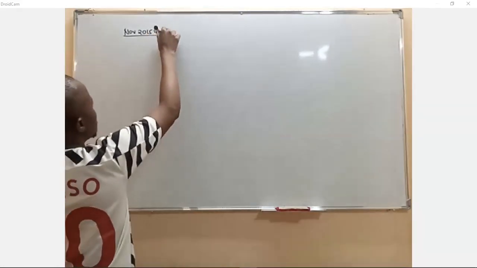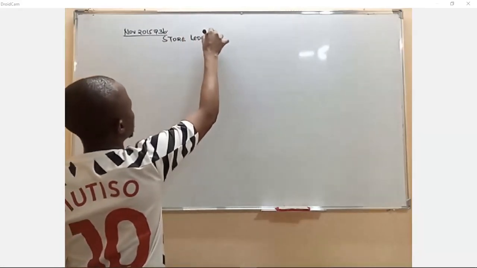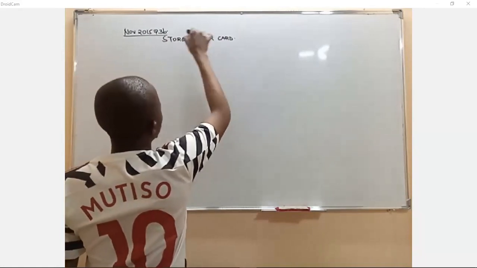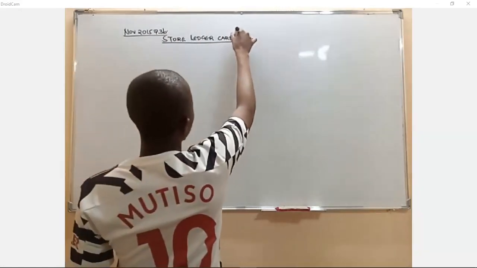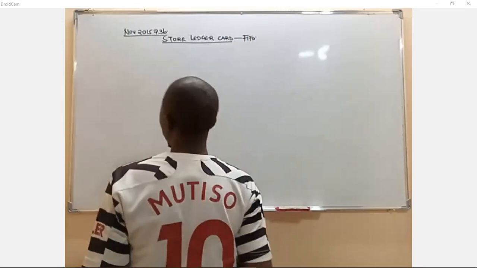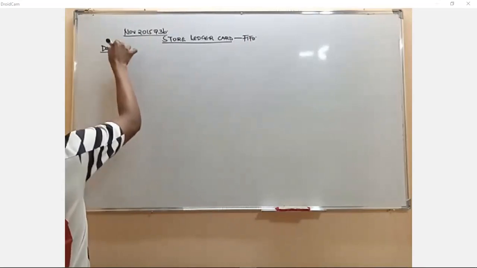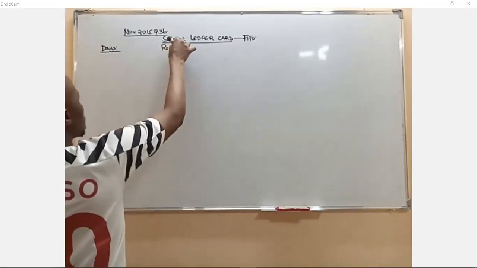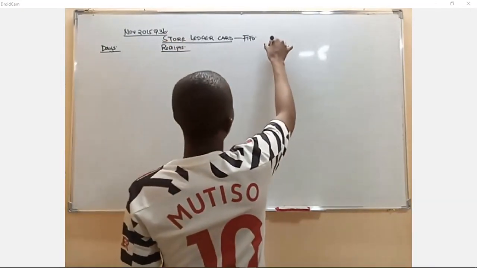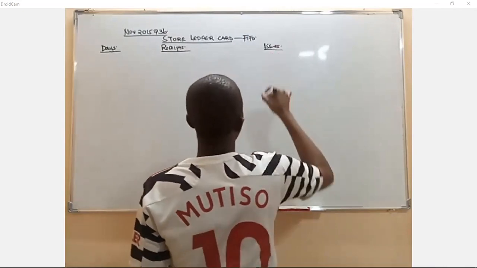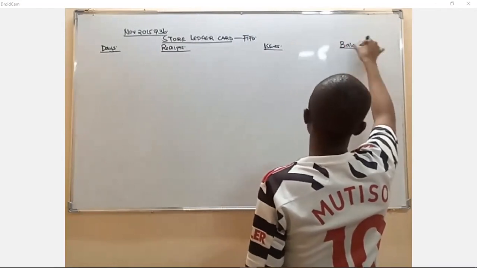So let me write mine here. I am told to create a store ledger card. It looks like this, very simple. The method that we are going to use here is FIFO. In this case, I have to record my days, which is very important. Then here I write receipts. The receipts are purchases, so keep that in your head. The examiner does not want you to write sales here, no. Then at the end you write balances, like that.